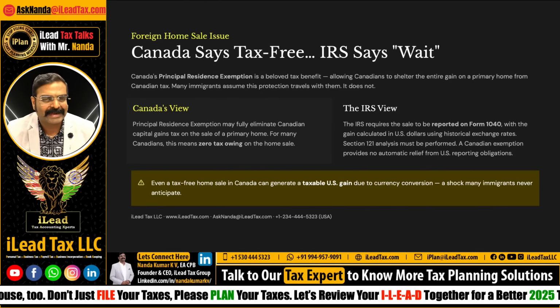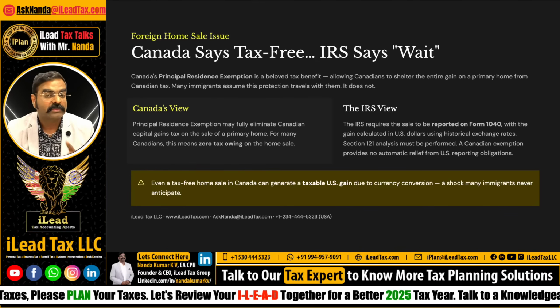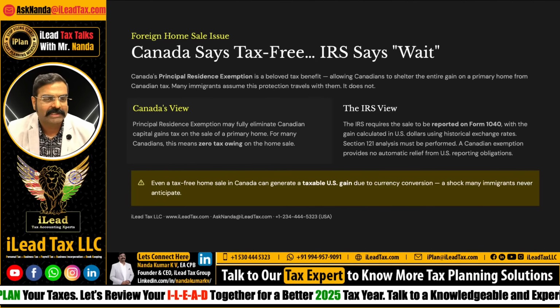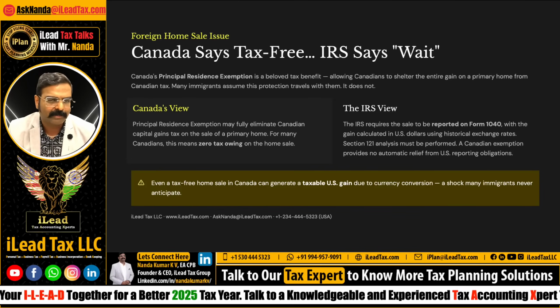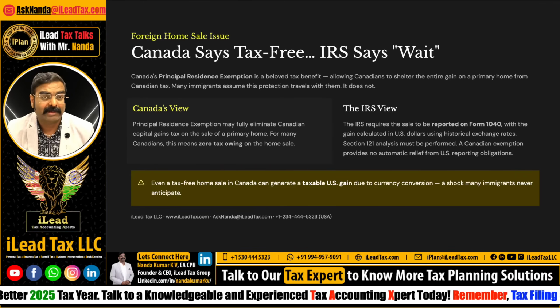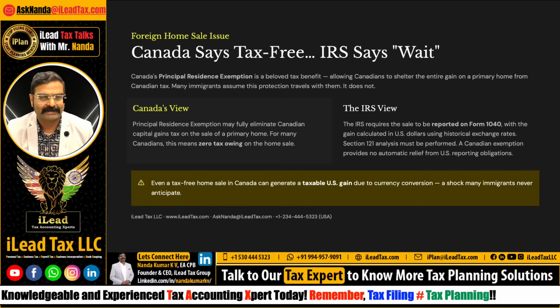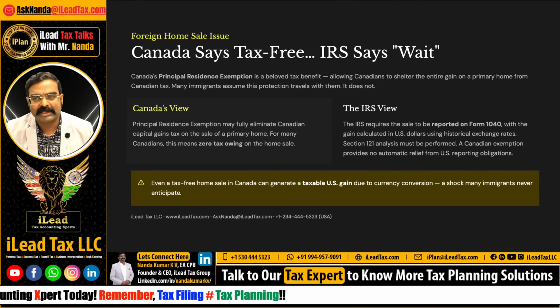We are going to calculate the gain in US dollars. We will also be applying section 121, the US home sale exclusion, and see how much of that gain we will allow you to exclude. Whatever remains is taxable in the USA as per the IRS.